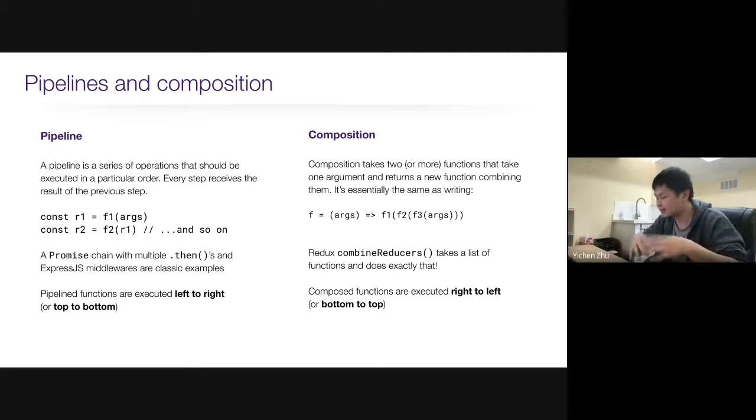And this is very applicable because, as you can see, Redux uses this thing called combineReducers, which takes a list of functions like that. And so again, I'm going to go through more raw examples, and I'm going to explain what composition is. Composition is essentially just, when you all took math, you have f of x, and then you have g of x, right?